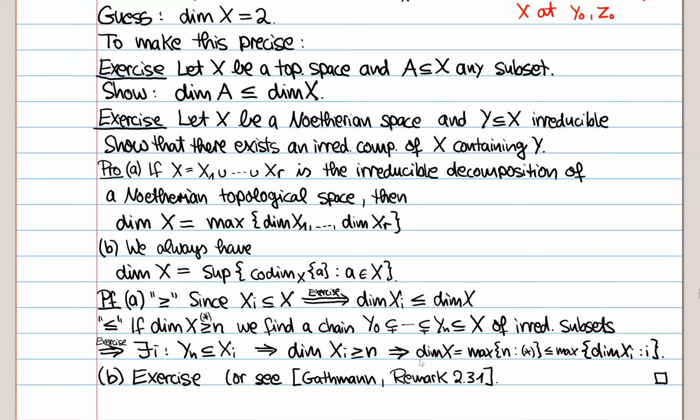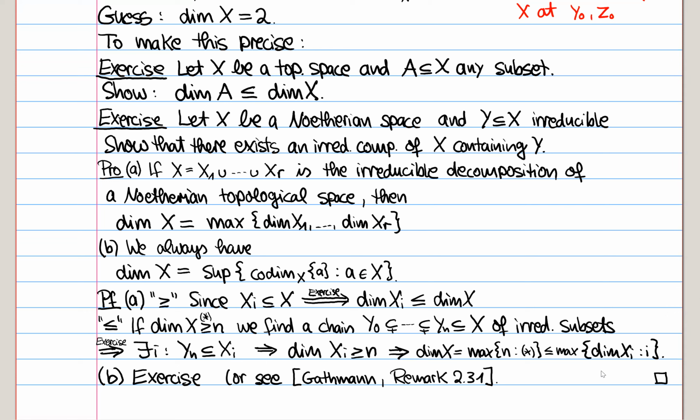And then the dimension of X was defined as the supremum over all n such that the dimension of X is at least n. And then this is smaller or equal to the supremum over all of these numbers dim of xi. And so that proves the first part.